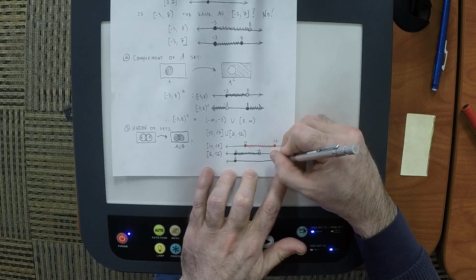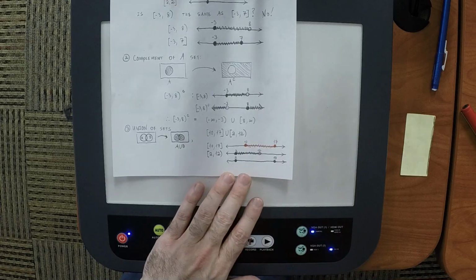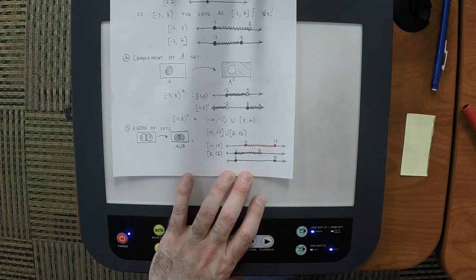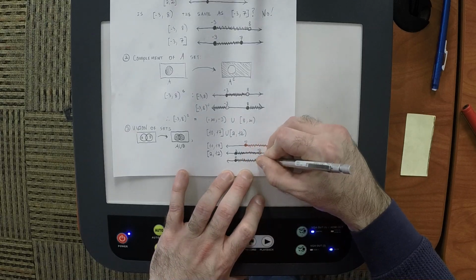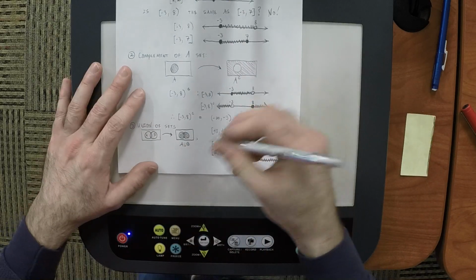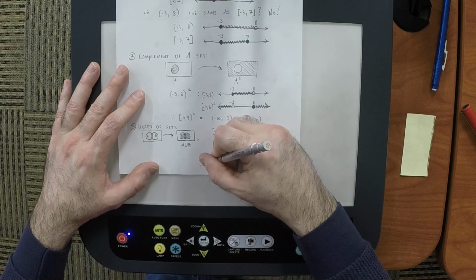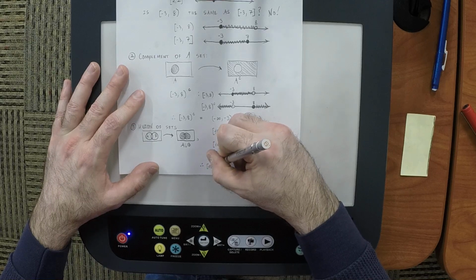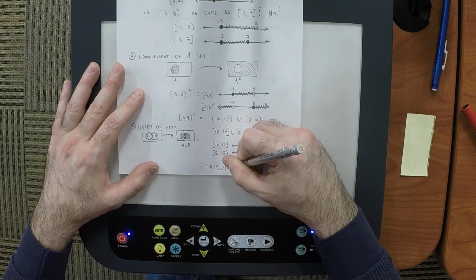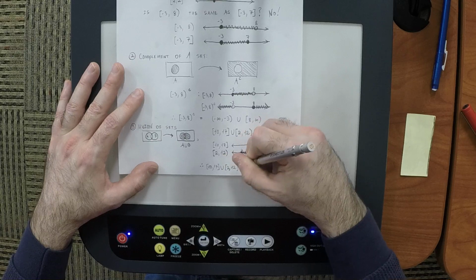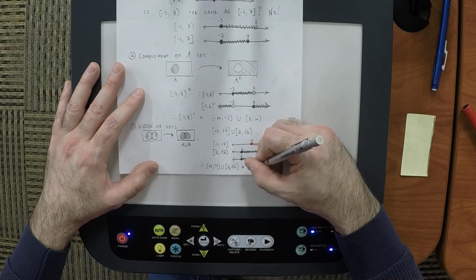So as a result, what's the union? 2 to 17. So we can say, therefore, 10 to 17 union 2 to 12 can be written the simplest way in interval notation as 2 to 17.